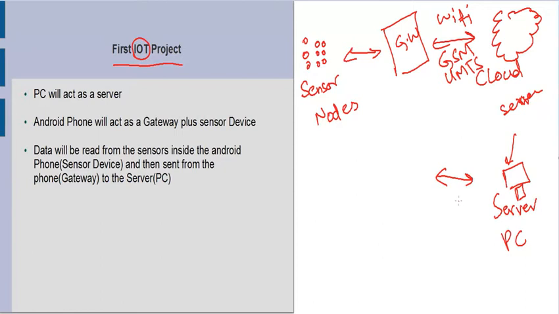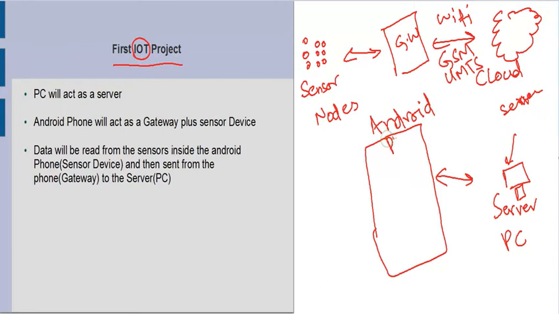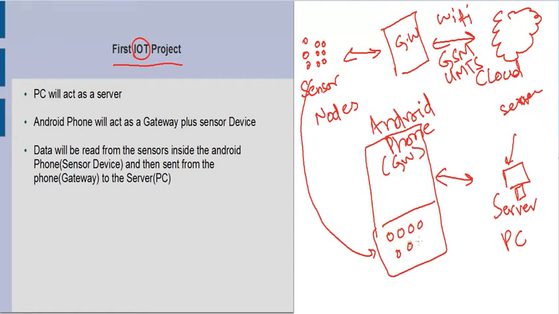Here we have all these capabilities in our Android phone, so we can use our Android phone as our gateway. And we can use the sensor nodes as those sensor devices that are present within an Android phone.